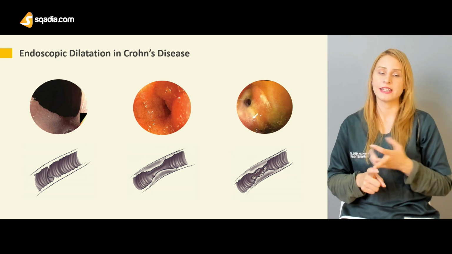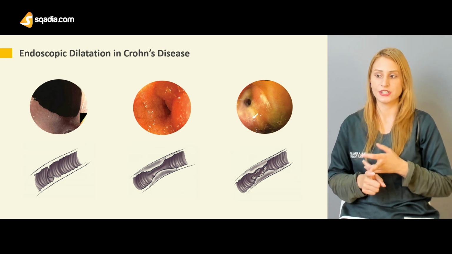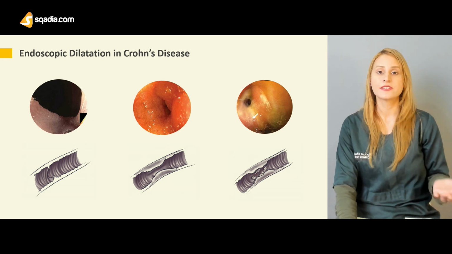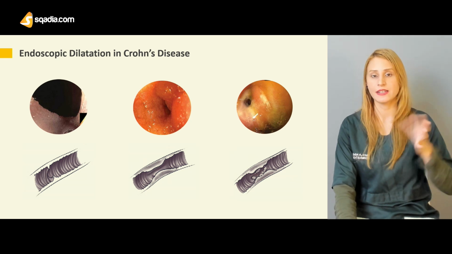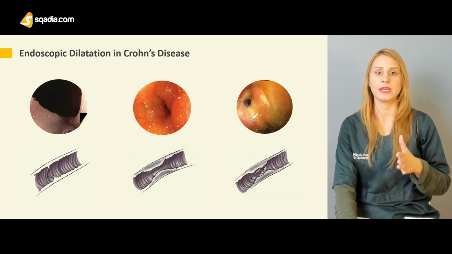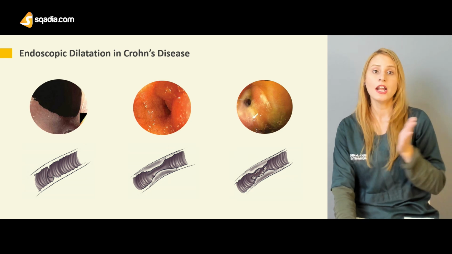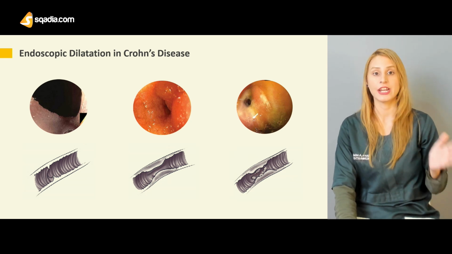So the failure of endoscopic dilatation is one of the risks. You have to keep all these things in mind while deciding whether you go for operative surgery or interventional treatment.